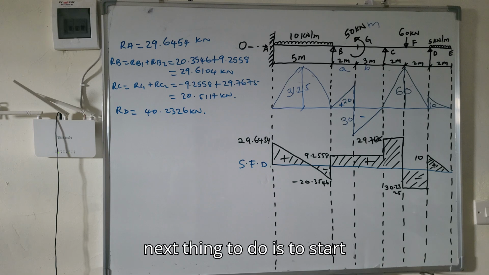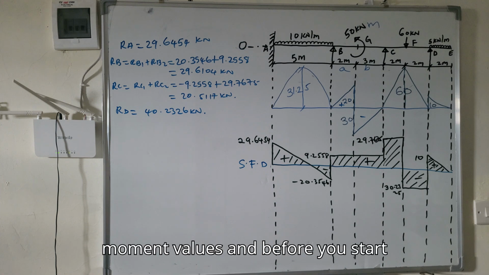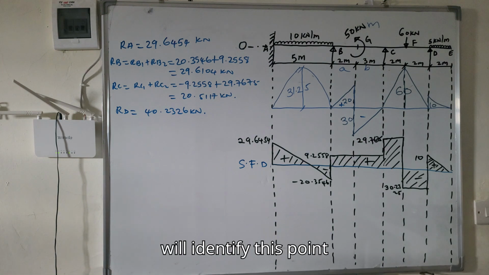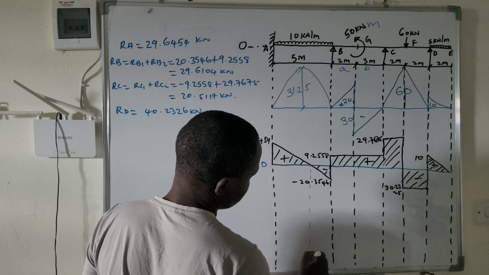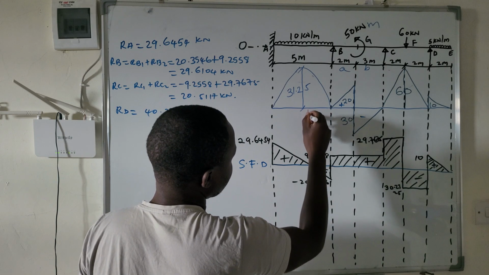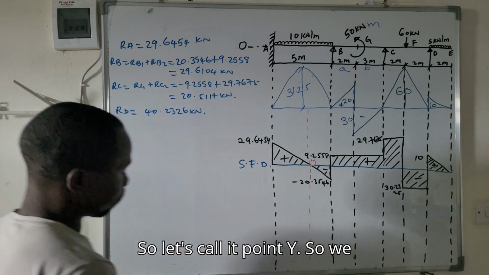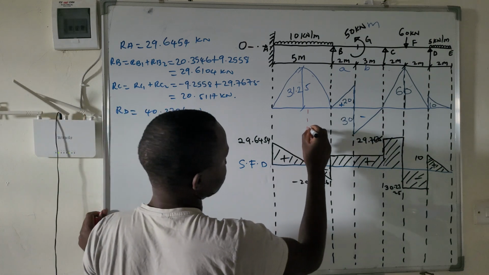So the next thing to do is to start calculating bending moment values. And before you start calculating bending moment values, we will identify this point and call it y. So let's call it point y. So we will have to determine this distance.